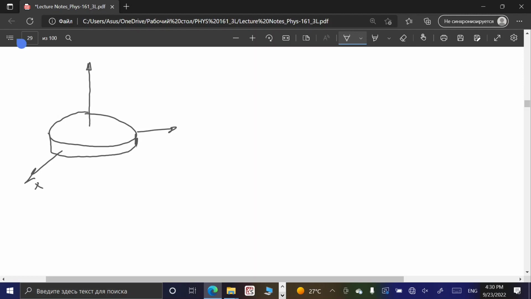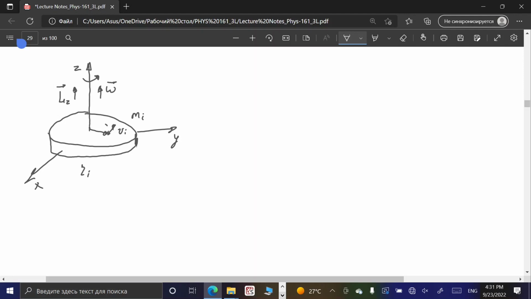So we have axis X, axis Y, axis Z. So axis of rotation, that's axis Z, and this disk rotates clockwise about axis Z. So angular velocity vector goes along axis Z, and that also will be true for angular momentum vector with respect to axis Z. So now let us consider some point with mass m_i at distance from this axis r_i and velocity vector v_i.